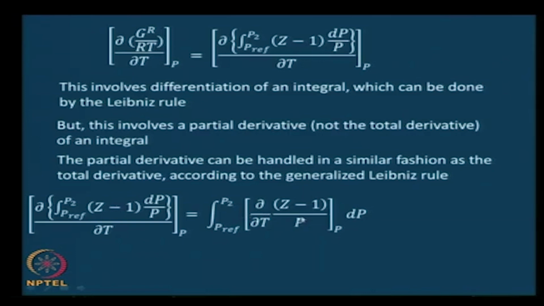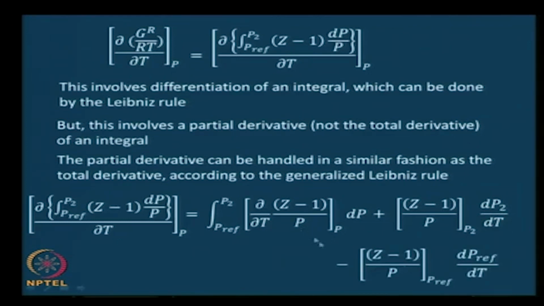You take the derivative inside the integral, ∂/∂T of (Z minus 1)/P at constant P dP, this is the first term, plus the function evaluated at the upper limit times the derivative of the upper limit with respect to T, which is dP2/dT, minus the value of the function evaluated at the lower limit times the derivative with respect to T of the lower limit, which is P reference.